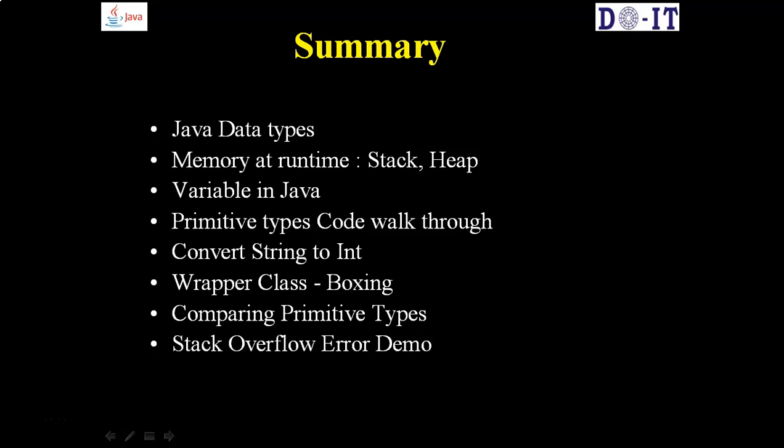Wrapper classes are used for boxing primitive types as objects, and when you want a primitive type to be stored inside a collection, you would need boxing to be done. That is, I take a number, integer 100, I want to store it in a list or an ArrayList, then I probably need to box it and then store it in an ArrayList.